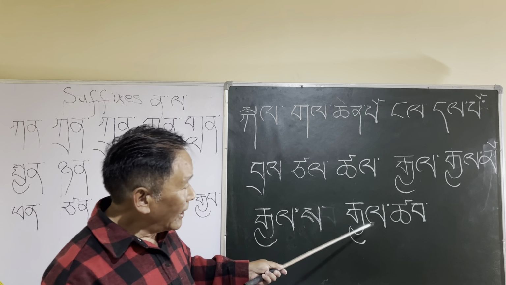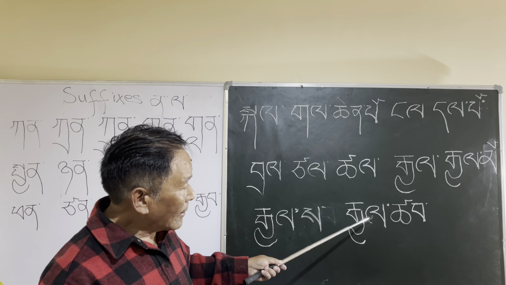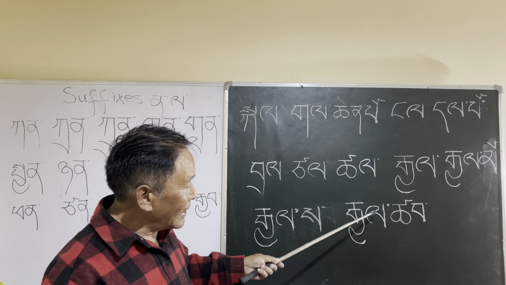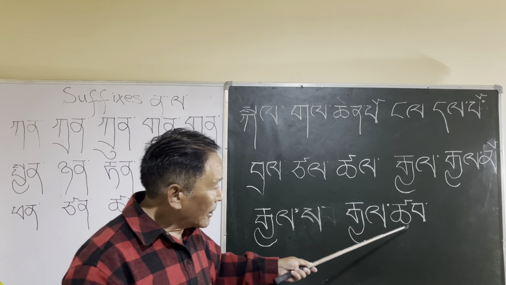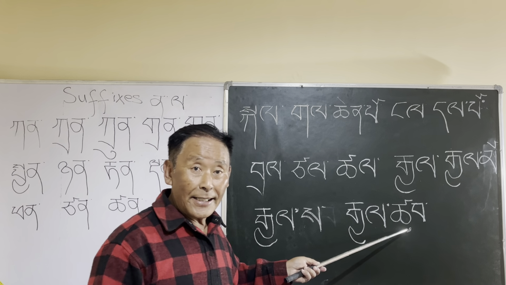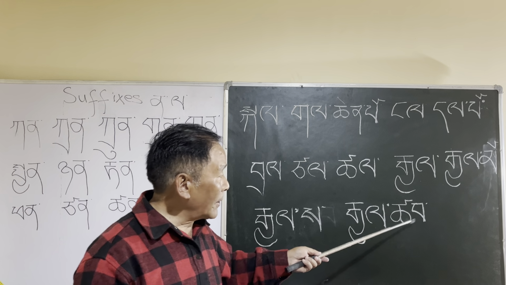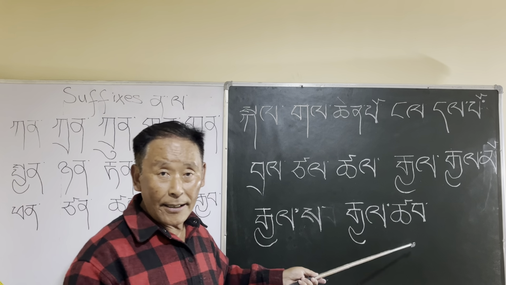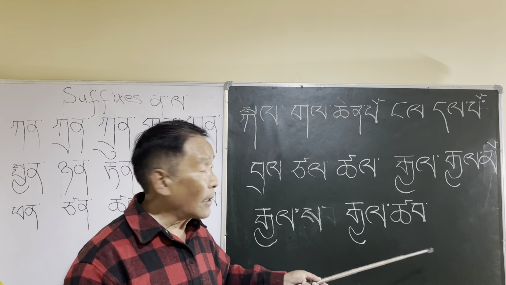Like gel is the victorious one, that means the king. Tsap is the representative. So representative of the king is regent.